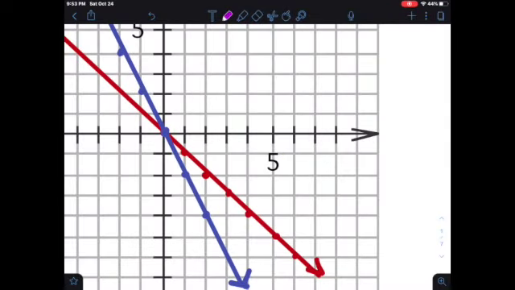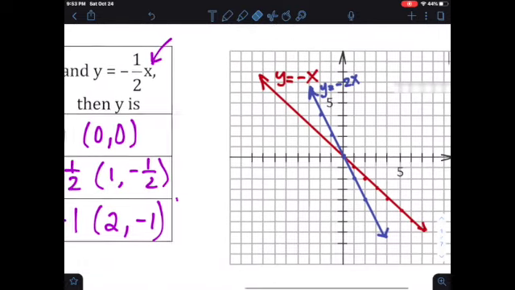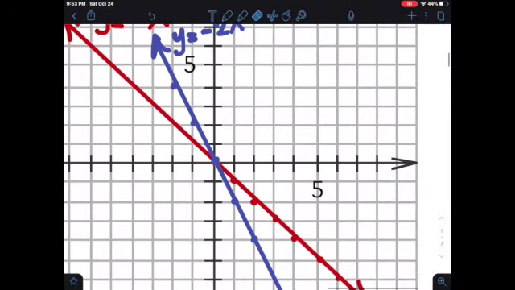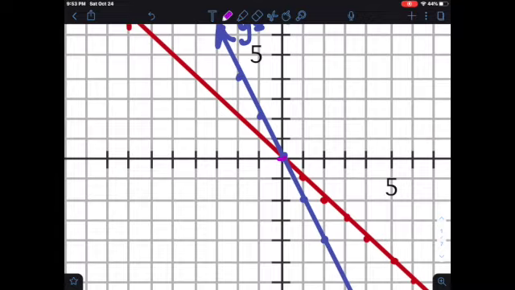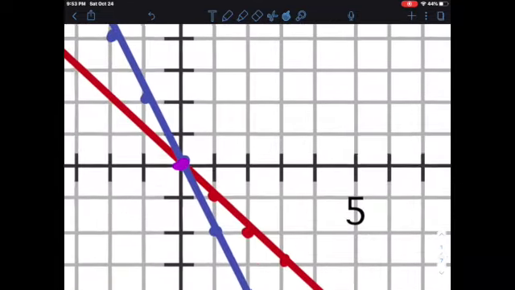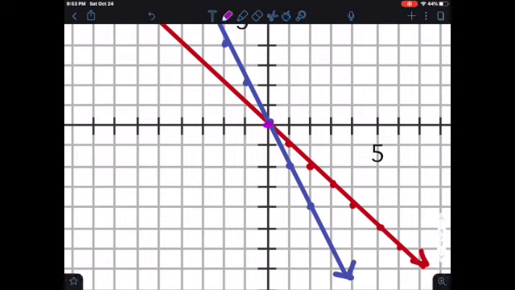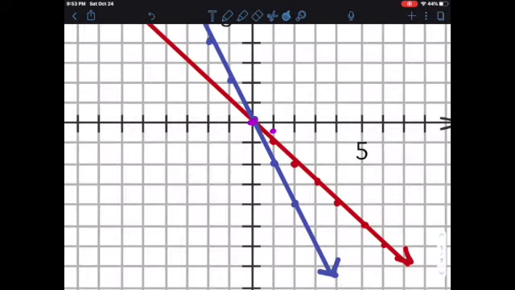Okay, so now the third line, plotting them. If you look at the numbers on the third line, it's going to be 0, 0. The next number is 1 and -1/2, right here. And the next one is going to be 2, -1, right here.